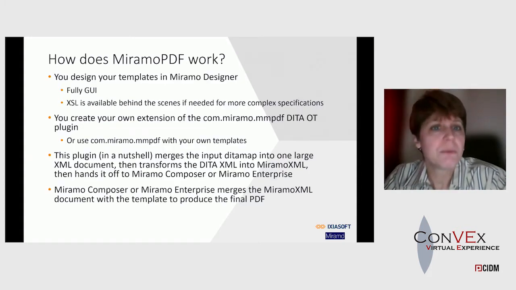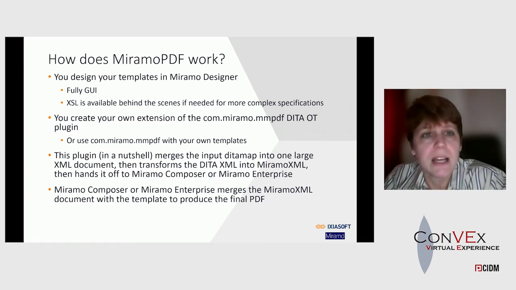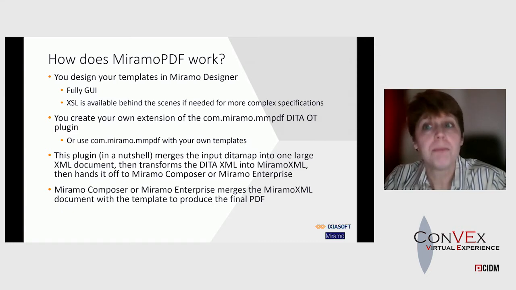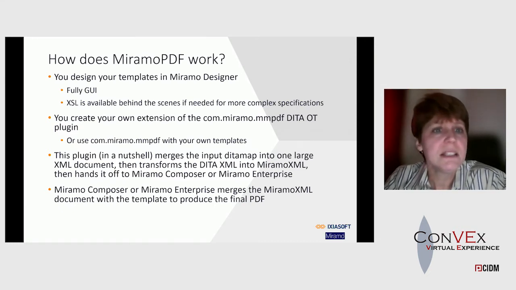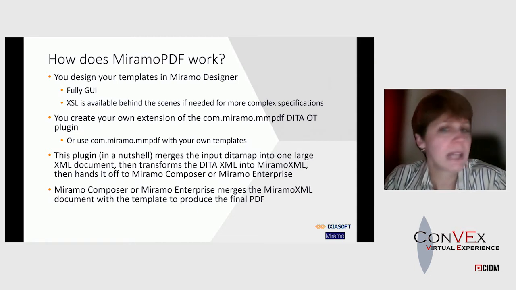Now, how does it work? Well, you design your templates in Miramo Designer, and again, it's fully GUI. I can't stress that enough. But XSL is available behind the scenes if you need it to do more complex things.